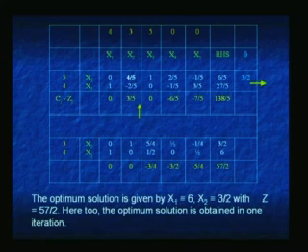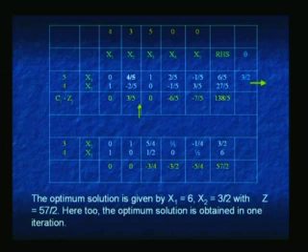Variable x2 enters with Cj minus Zj equal to 3 by 5, and variable x3 leaves with theta 3 by 2, shown by the arrows. In the next iteration we have x2 and x1 as basic variables with the solution x2 equal to 3 by 2, x1 equal to 6 and z equal to 57 by 2. The optimum solution is x1 equal to 6, x2 equal to 3 by 2 with z equal to 57 by 2. We get the optimum once again in one iteration for this example.